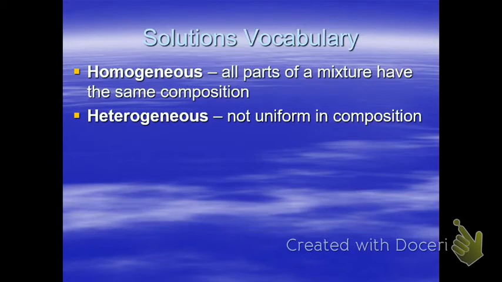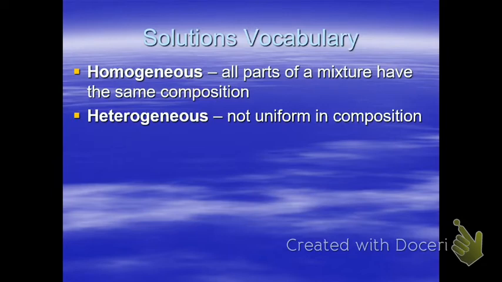A heterogeneous mixture means a physical combination of things where they're not evenly mixed. For example, vegetable soup has a mixture of different things and it's not the same composition all throughout.